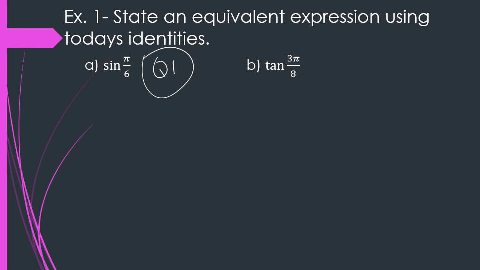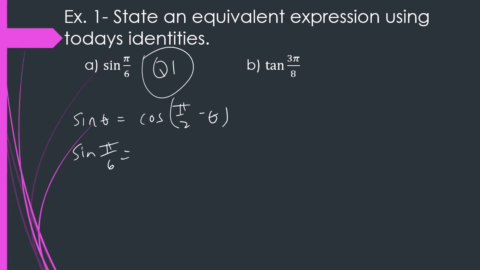Which means that we can use our cofunction identities from quadrant 1. If you look at it, sine theta equals cos of pi over 2 minus theta. In this case, what's your theta? Your theta is pi over 6.